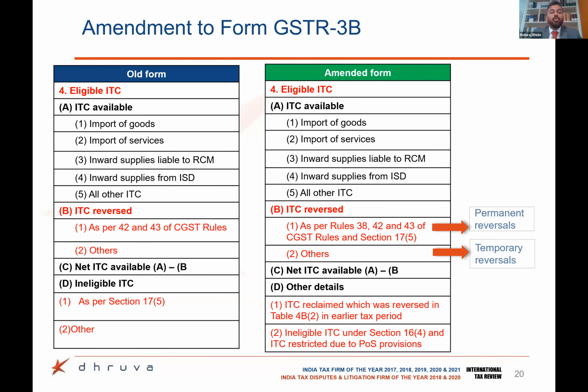What is more important to keep in mind is that the way in which you're computing your input tax credit, or the way in which your GSTR 3B is getting prepared, one has to start taking notice of these changes, and we have to make sure that we start looking at this manner of reporting, the reverse reconciliation processes, etc. Because eventually, once the form is changed, we'll have to follow this revised manner of reporting. We can move to the next slide.